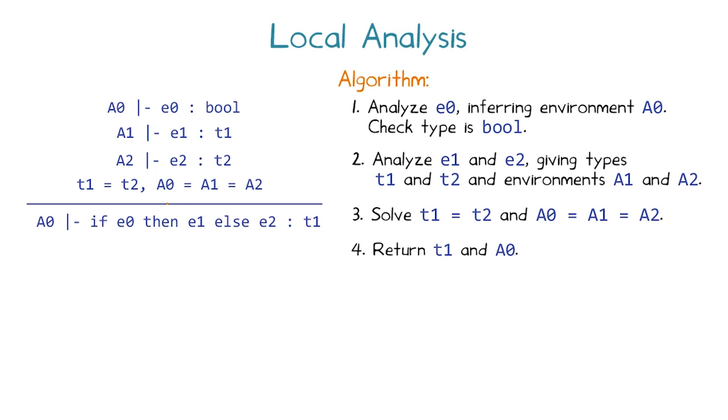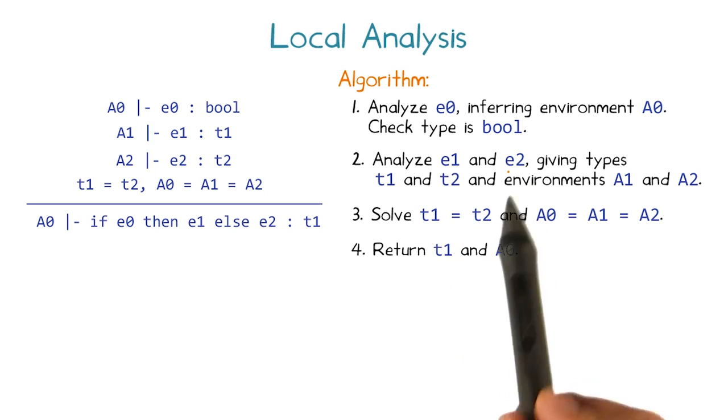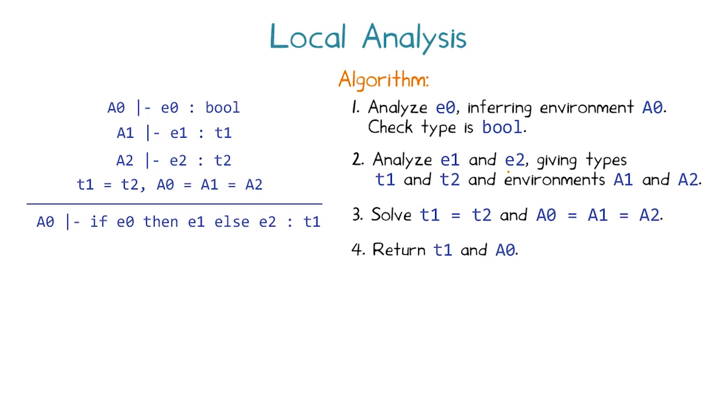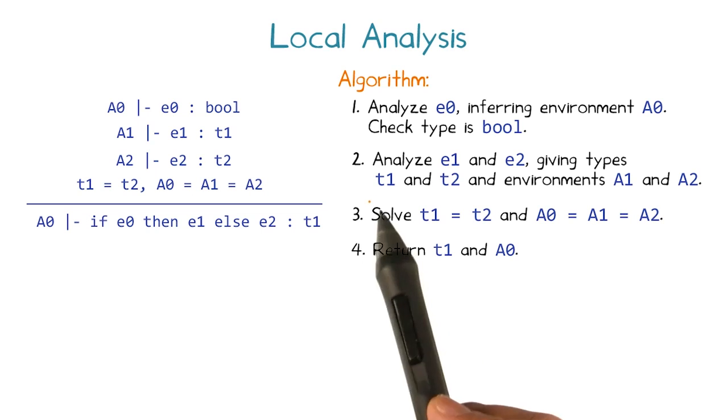For example, in analyzing the if-then-else schema, we would not pass in an environment to the algorithm. Instead, the algorithm would analyze E0, inferring an environment A0 from this analysis, as well as checking that E0 has Boolean type. Then E1 and E2 would be analyzed, generating two more inferred environments A1 and A2 and obtaining types T1 and T2 for the expressions.